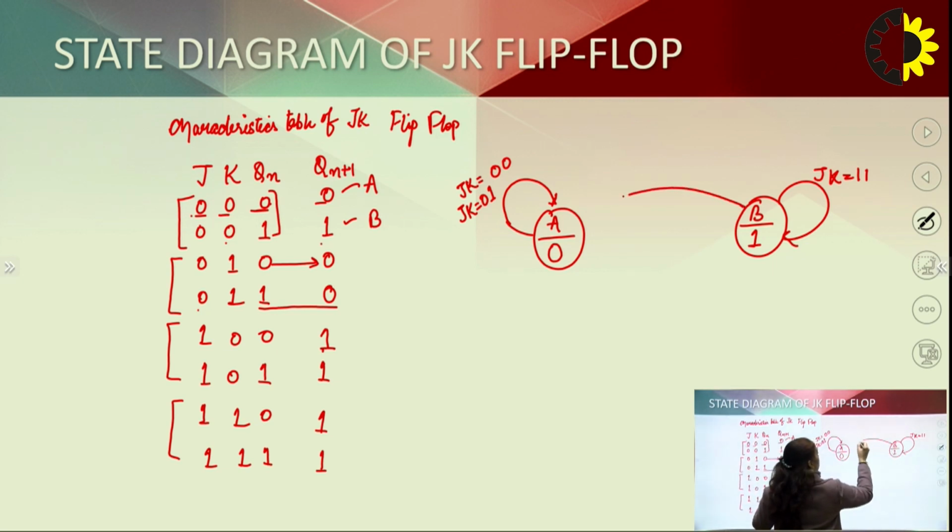It is in 1 state and it will be transitioned into 0 state when the value of JK is 0 1.